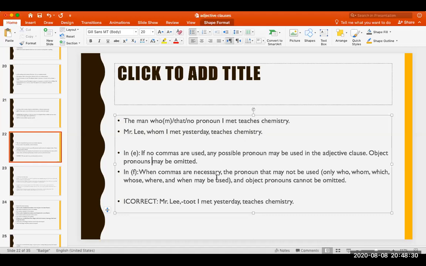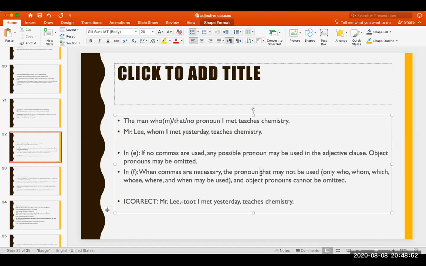You can delete which or whom or that. However, when commas are necessary, because you're adding extra information, the pronoun that may not be used, only who, whom, which, whose, where, and when may be used.